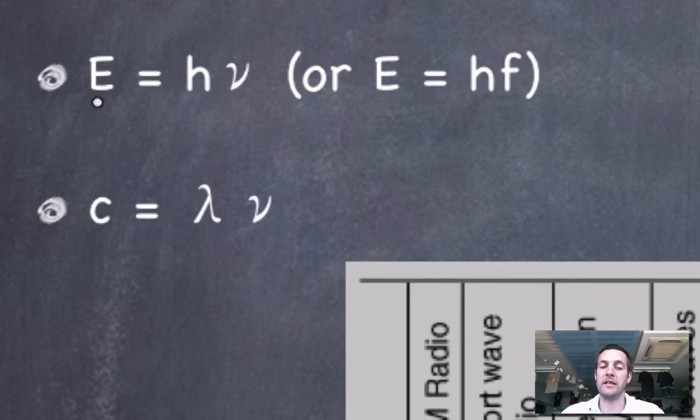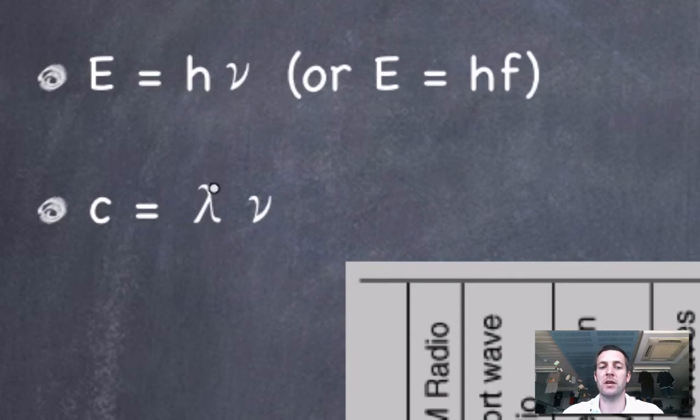Not only is the energy related to frequency, but the speed of light is related to the frequency. And this is a statement that could be made about any wave, not just a light wave: the speed that a wave travels at, so c is the speed of light, is how many wavelengths it carries out per second.